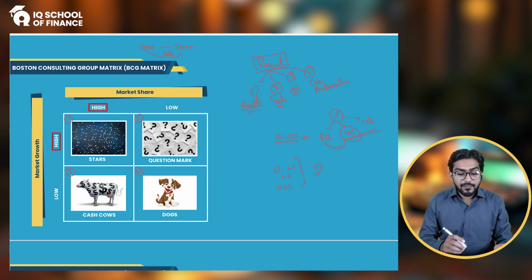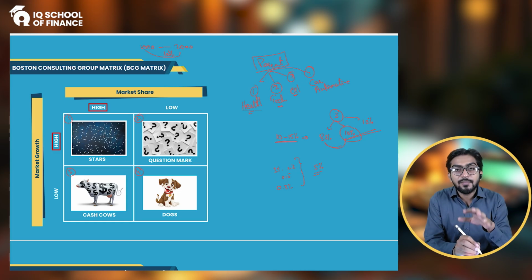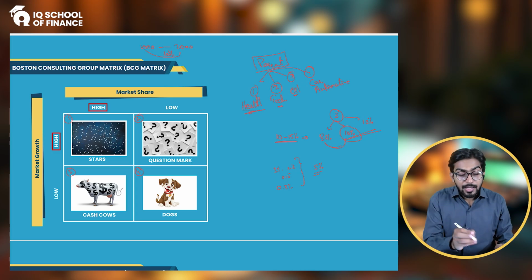For example, in the market which you are operating, for example, a healthcare product. So in the healthcare market, your company has a high share, and also the market growth is high.